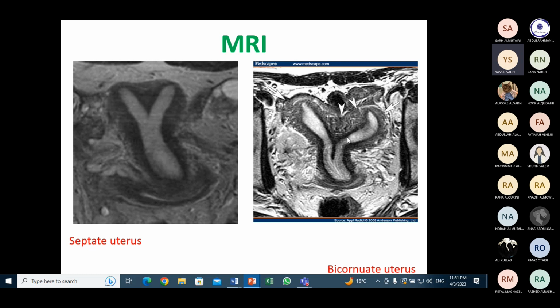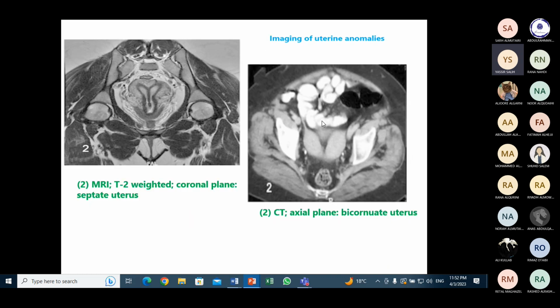The angle is a bit larger, but in this one the angle is acute. This is septate. We said that in septate uterus the angle between the two horns is acute, usually less than 75. But in the bicornuate the angle is broad, obtuse, more than 105.